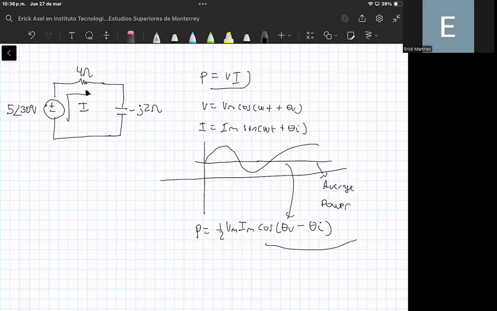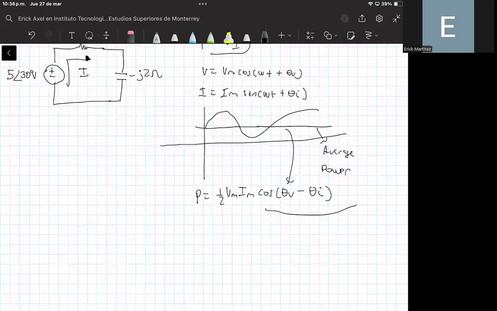Also, you will notice that the average power of an inductor and a capacitor is equal to 0. They do consume power, but they do not have an average value.